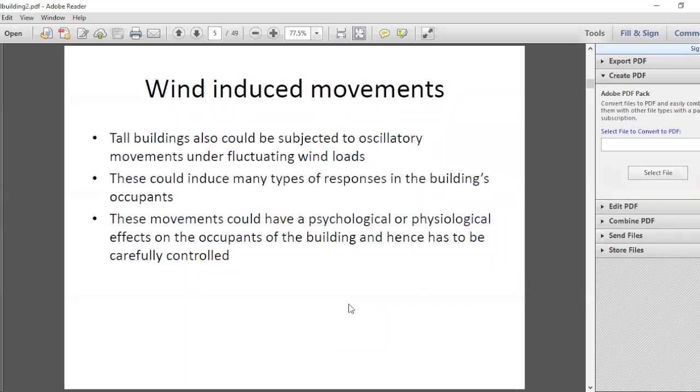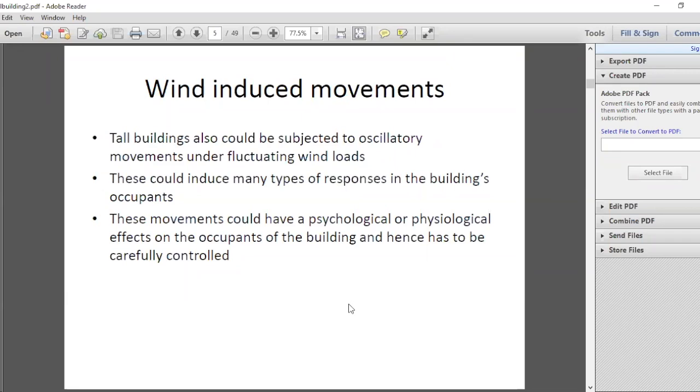One is the direction of the wind, but because the building is slender and tall, what happens is when you have heavy wind, the wind will start forming negative pressure on one side of the building, and in the next moment it will form negative pressure on the other side of the building. So these negative pressure zones occur perpendicular to the wind direction.